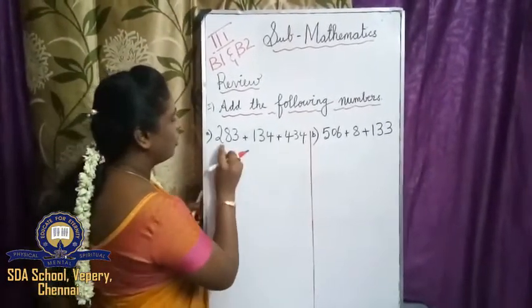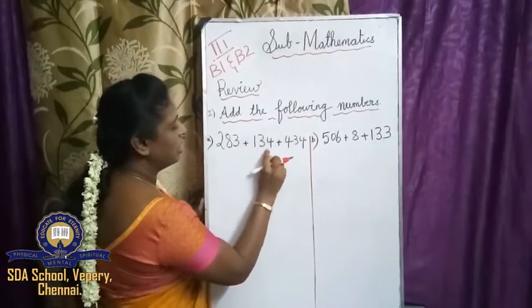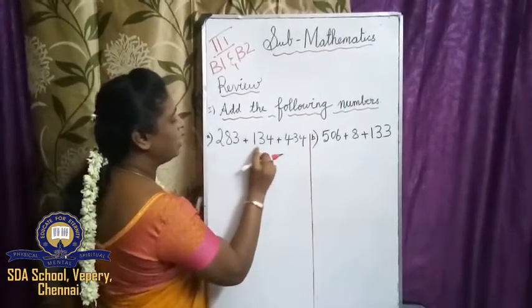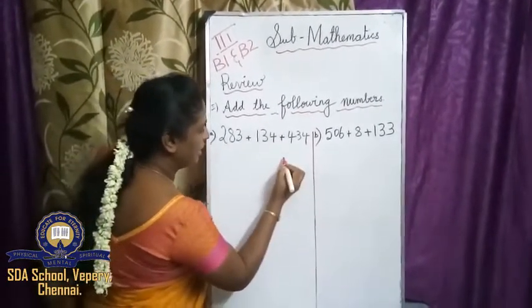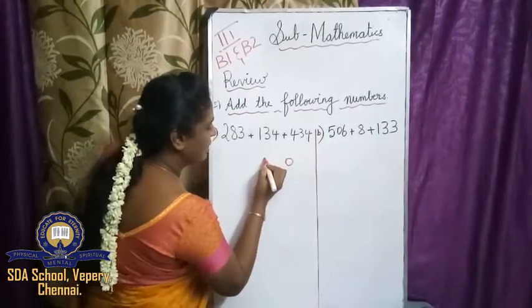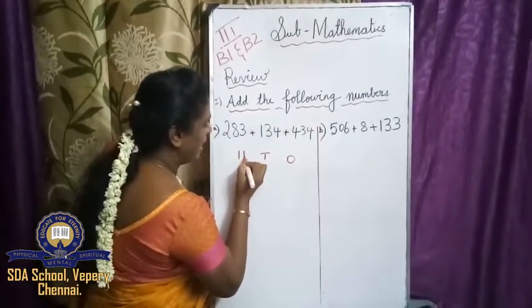First, how many digits are there? 3 here, 3 here, 3. So all have equal digits. So we will write like this: ones, tens and hundreds.